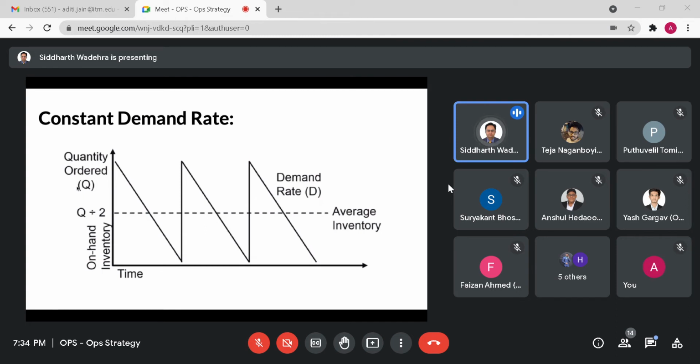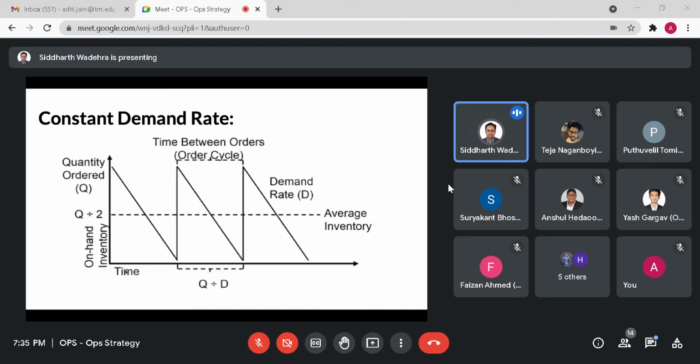It could be per month, per week, or per quarter. That's irrespective. So if you are computing your inventory for 1 month, then this will be Q divided by 2 per month. It could be for a year, it could be for a week. It really depends on your computations. Okay, sir.